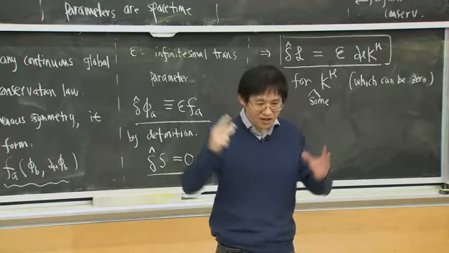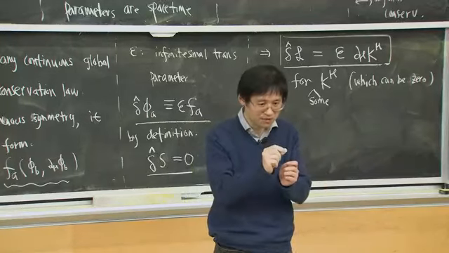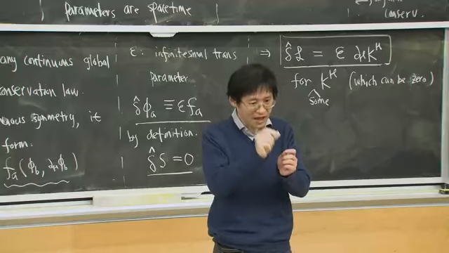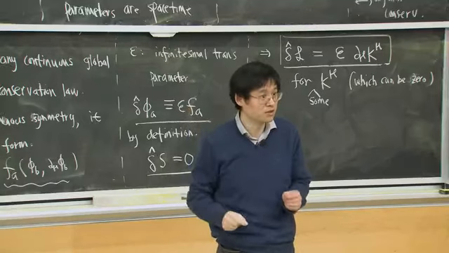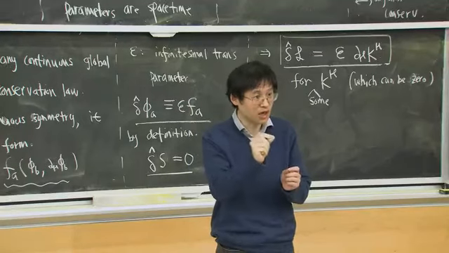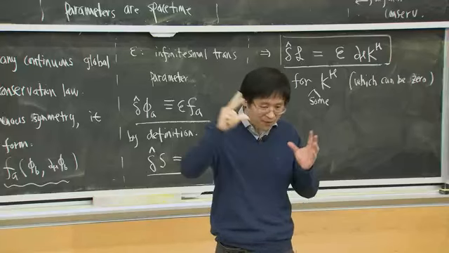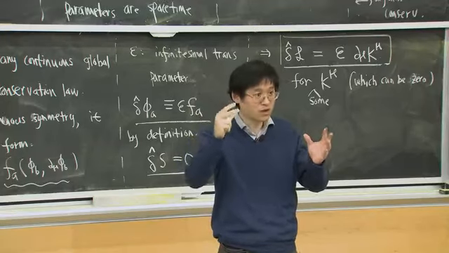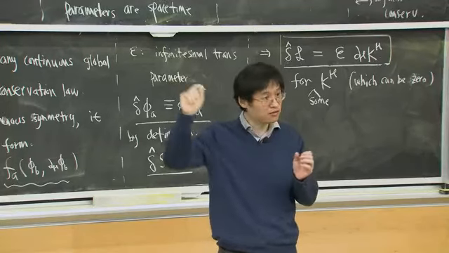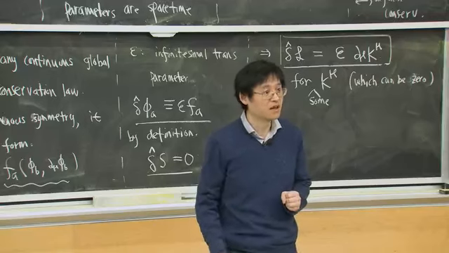It's because any finite transformation you can build up from just adding up infinitesimal transformations. So once you know the infinitesimal transformation, essentially up to some global topological structure, it determines the full finite transformation.